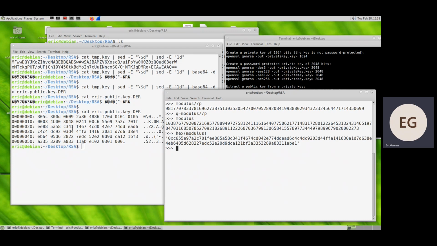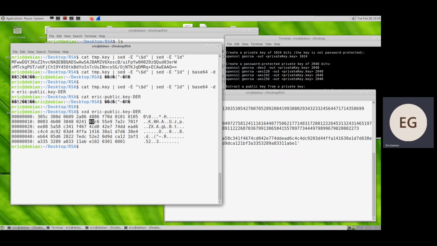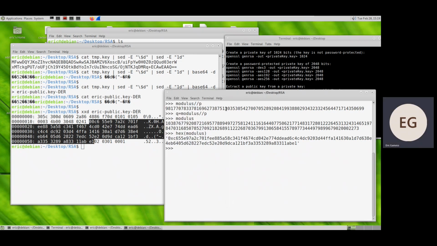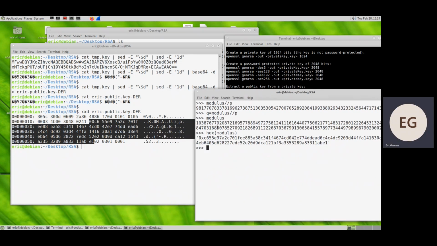Try to see it and let me know if you see it, because the modulus is there. So look here. Let me start here up to here. This is the modulus.